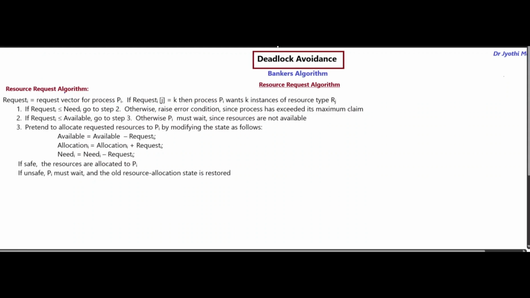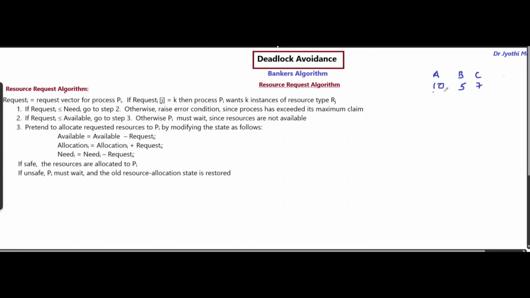The number of resources for A is 10, B is 5 instances, and C is 7 instances. Instances are nothing but that many copies. That means your system may have 10 printers connected. Printer is one resource, but it has 10 printers connected.